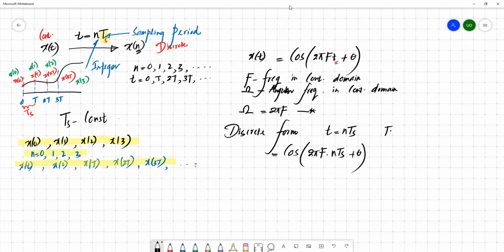So this Ts is the sampling period. What about sampling frequency? Fs is just the reciprocal of this Ts. So this is the sampling frequency.